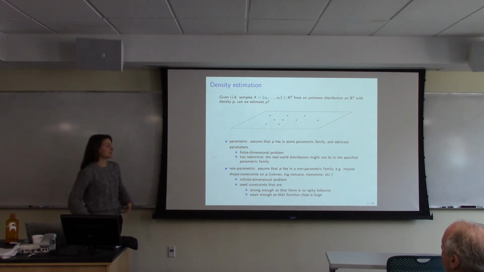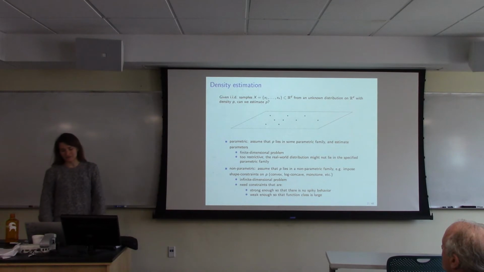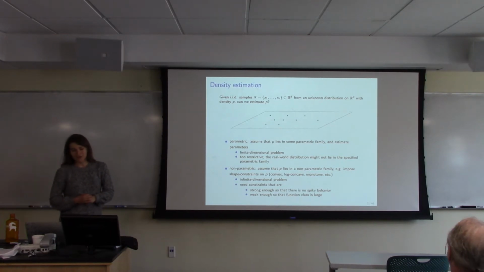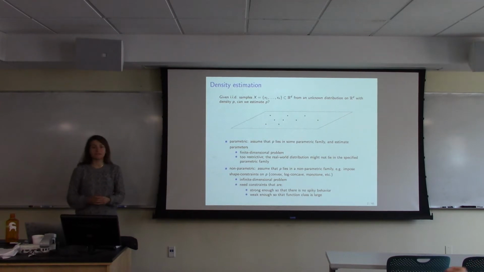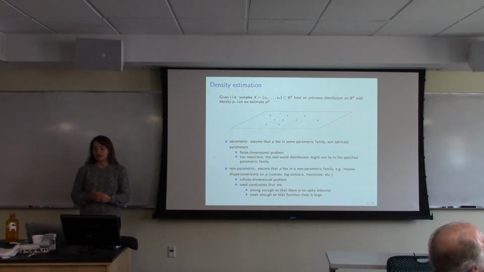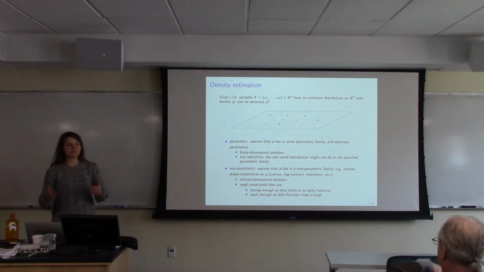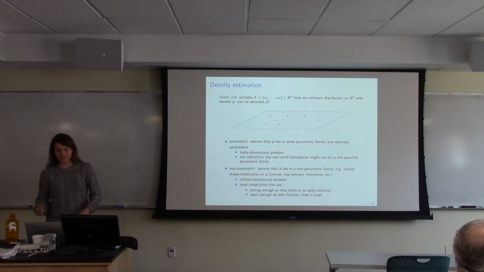And for example, we can impose shape constraints. And the reason I'm giving this example is that that's what we'll do. So the shape constraints could be that p is convex or monotone, increasing, or something like this. However, this is an infinite dimensional problem because the set of convex densities is an infinite dimensional set.